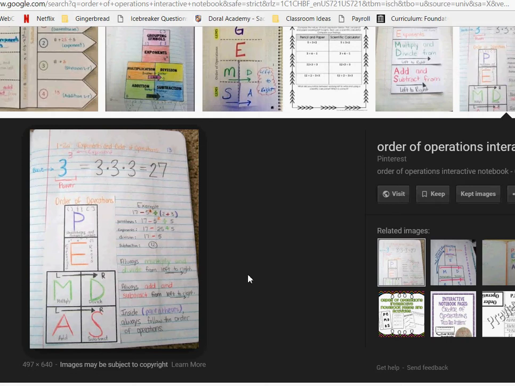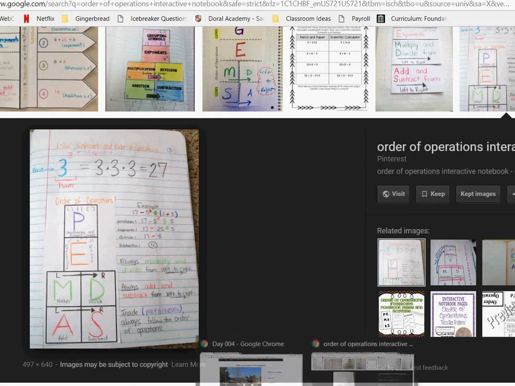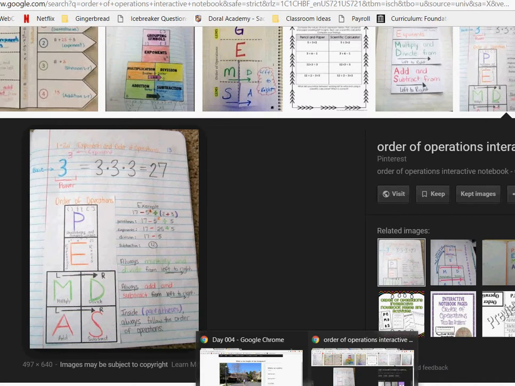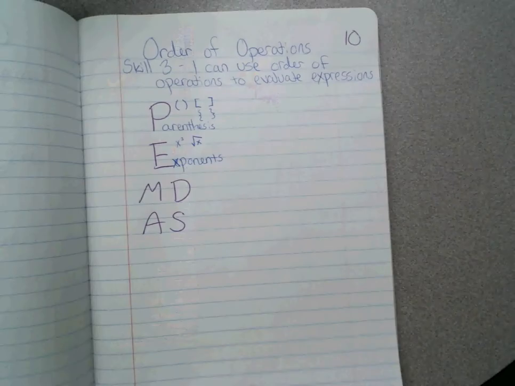Then next we have exponents. That includes something squared or the square root of something. Roots also count as exponents. That's important to remember when we do these.